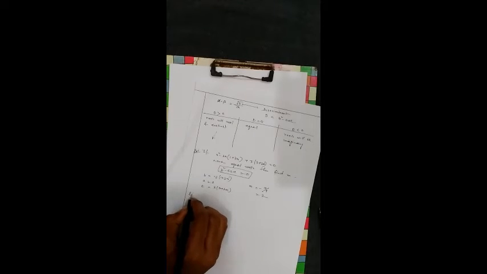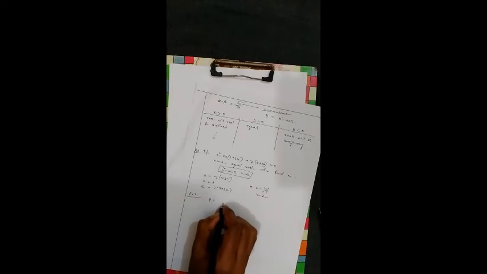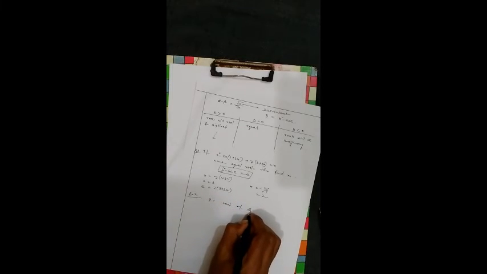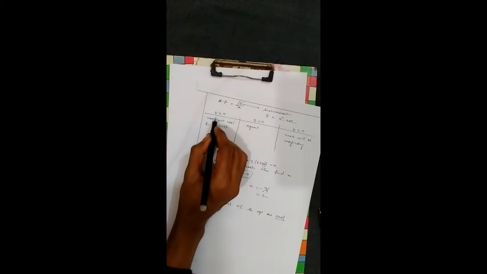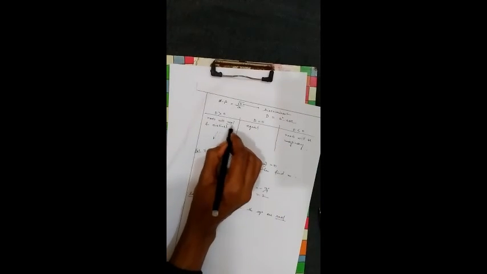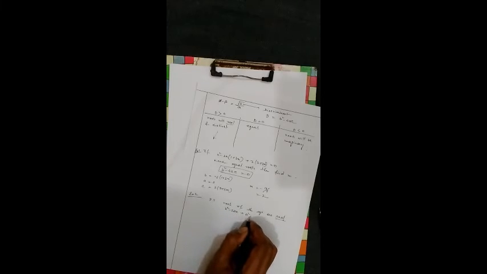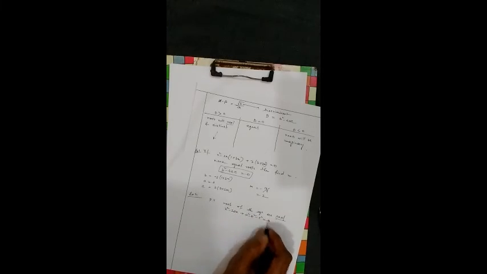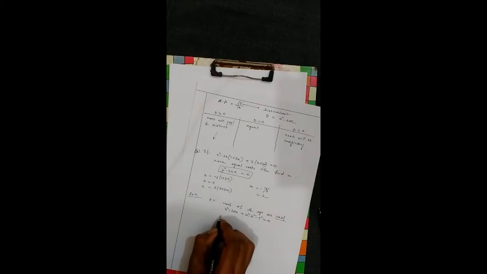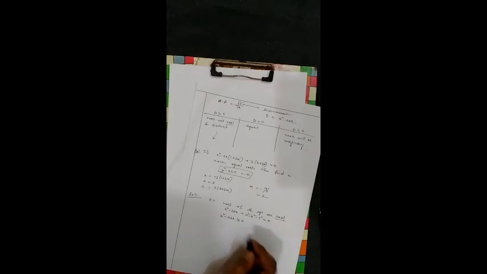Take another example. Prove that the roots of the equation are real. Real means D is greater than or equal to 0. The equation is given: x square minus 2ax plus a square minus b square minus c square equal to 0. We have to prove that b square minus 4ac is greater than or equal to 0.